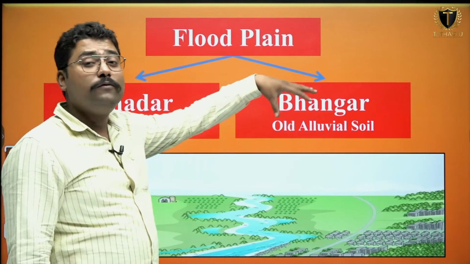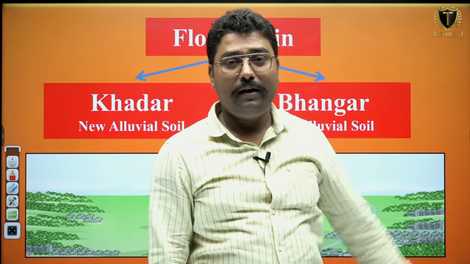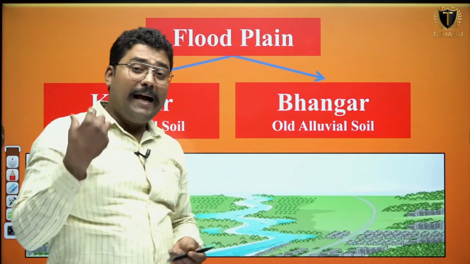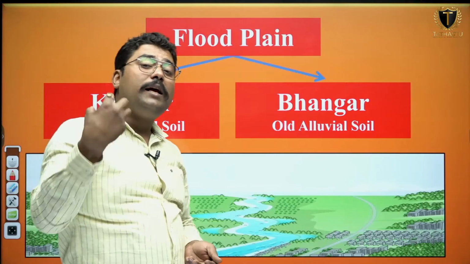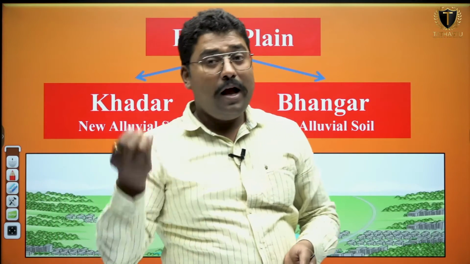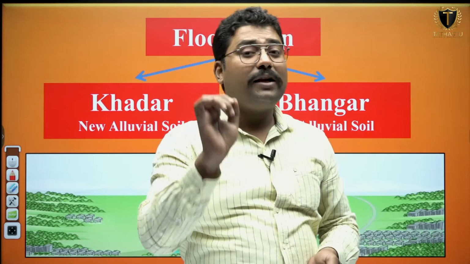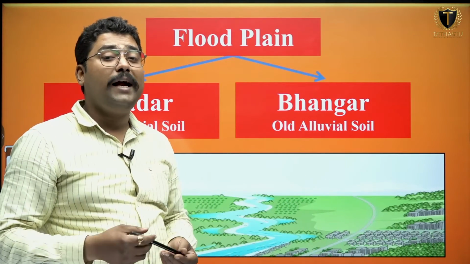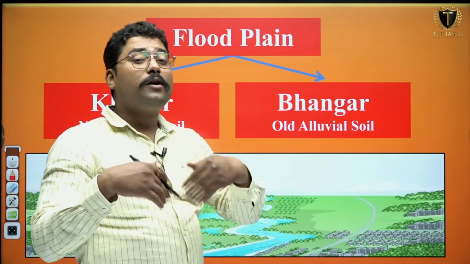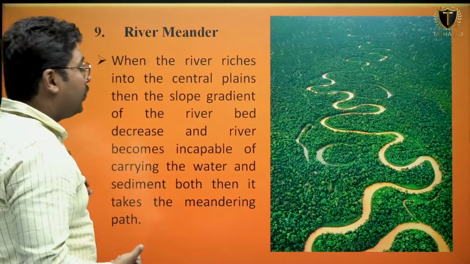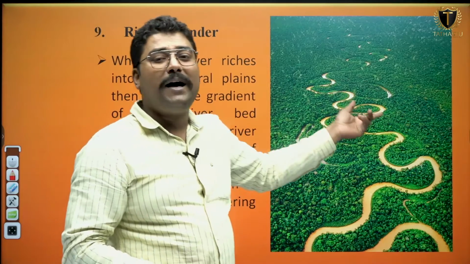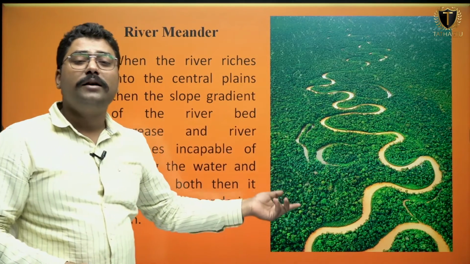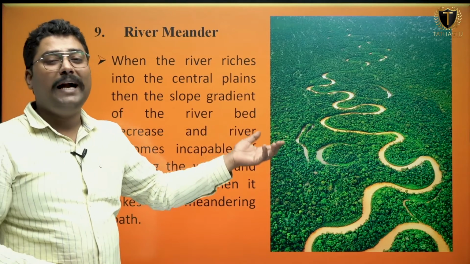Now after the formation of the floodplain, the river will again move into the plain area. And as we know, the river is a freely moving object. Again, the factor which will affect this is the Coriolis force, and to overcome the low slope gradient, the river will take a sinuous path, or you can say a curved path, which is considered river meanders.